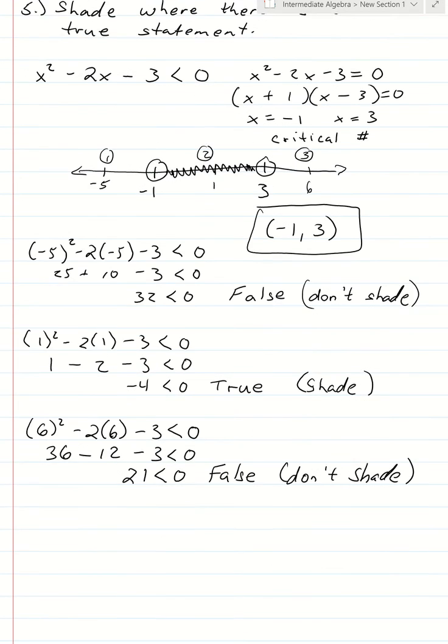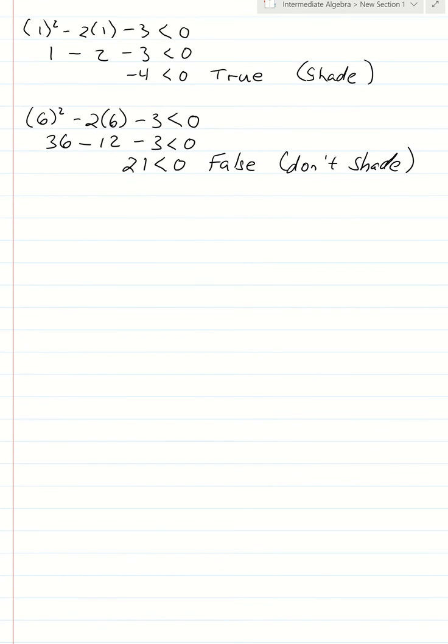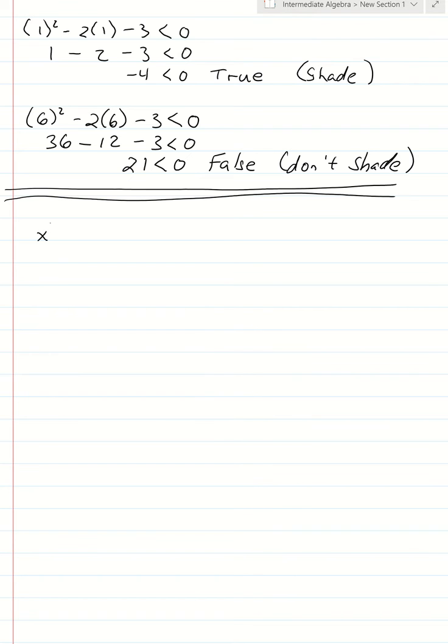Let's try another one. Let's say we have x squared plus 11x plus 28, and that's now greater than or equal to 0. We want to solve for x. Well, remember, step 1 tells us to treat this like an equation of x squared plus 11x plus 28 equals 0.